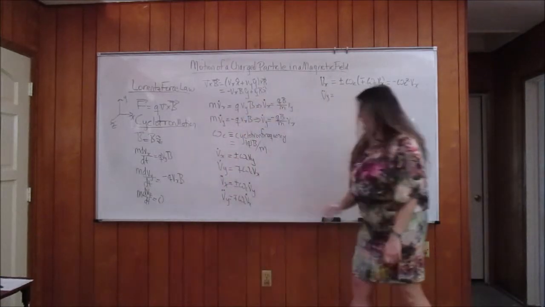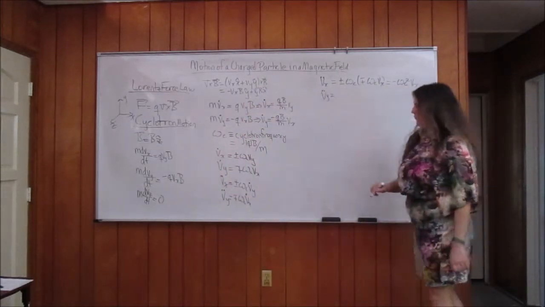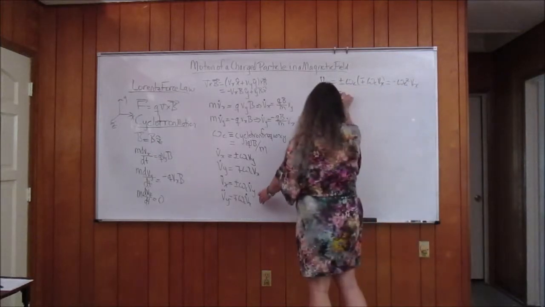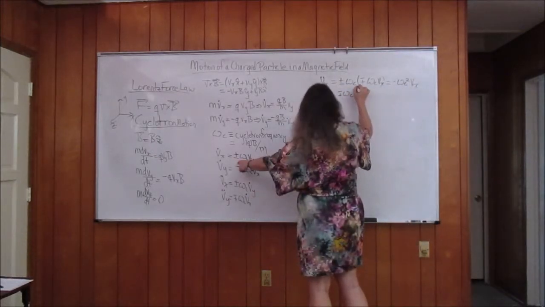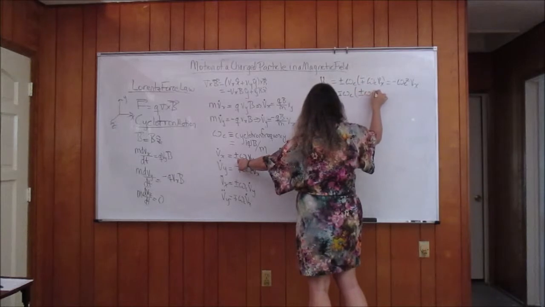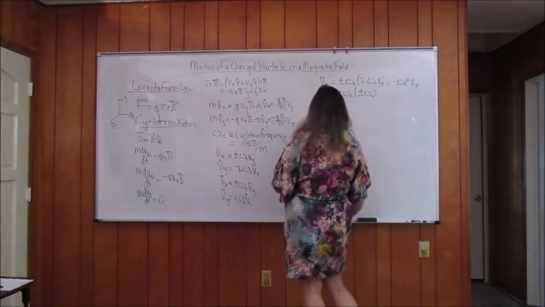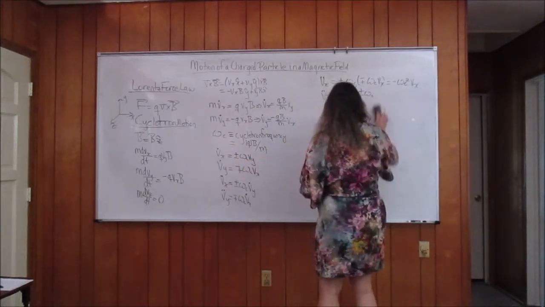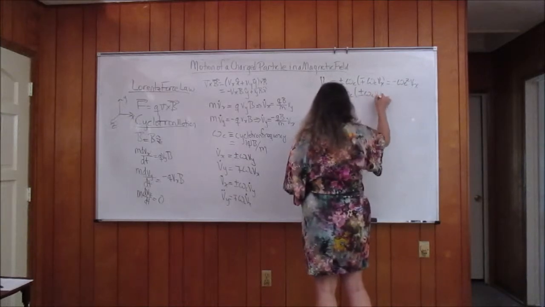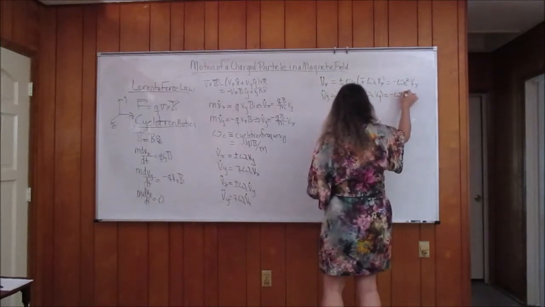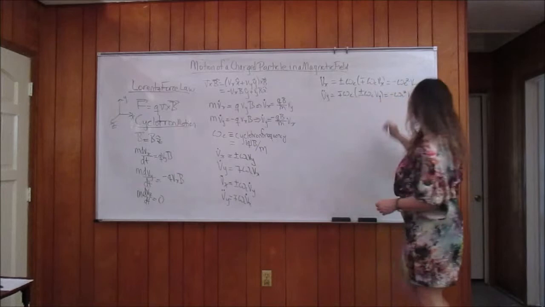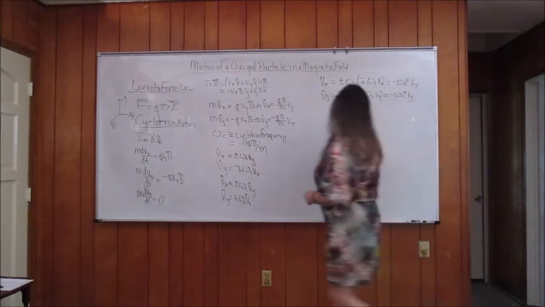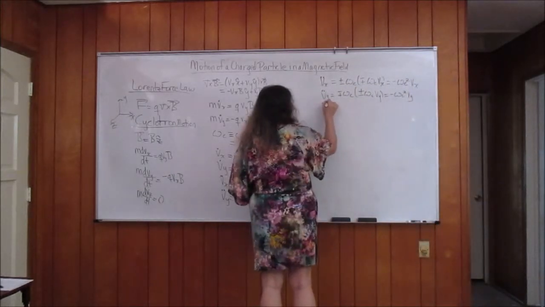I'll do the same thing for the second derivative of Vy. That's equal to minus or plus omega c times plus or minus omega c Vy, and we have two sets of coupled equations.